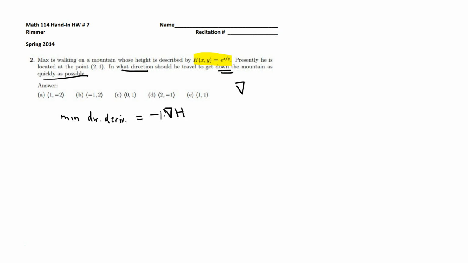What's the gradient? The gradient of a function is a vector field with its partial derivatives. The i component is the x partial. The j component is the y partial. And so the x partial is e to the x over y, and then we need to multiply by x over y's derivative with respect to x, 1 over y.